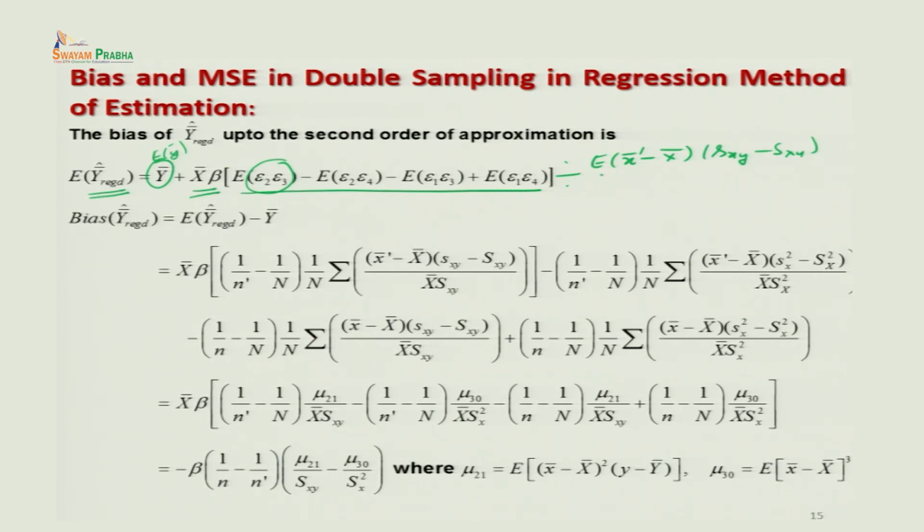But if you write down this thing in the basic framework, this is going to be 1 upon n, summation i goes from 1 to capital N, of x bar minus capital X bar into sxy minus capital Sxy. This is the basic definition, where all these sxy i's are appearing, so that is what I am writing here symbolically.